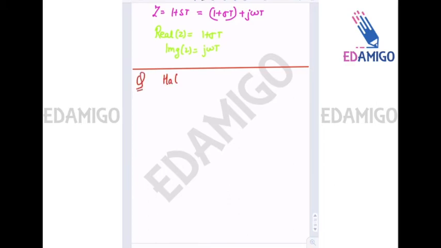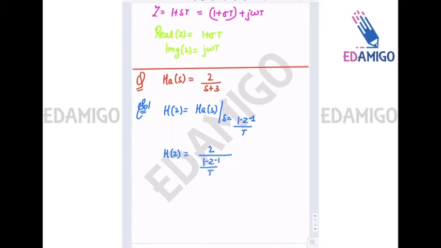The question is: the analog filter transfer function is given as 2 upon s plus 3. We have to convert it into a digital filter using the backward difference method. So we know that H(z) equals H(s), where s is equal to (1 minus z inverse) divided by capital T. So H(z) is equal to 2 upon ((1 minus z inverse) divided by T, plus 3).